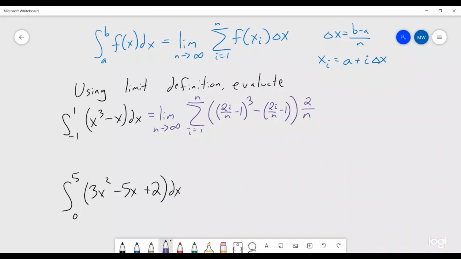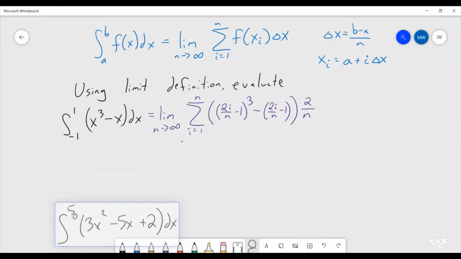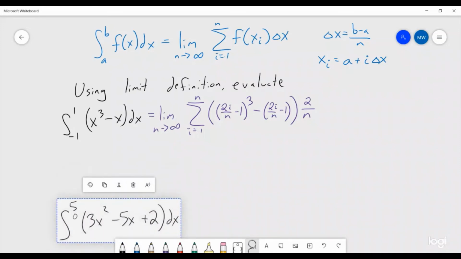So expand everything out and see what we get. Okay.